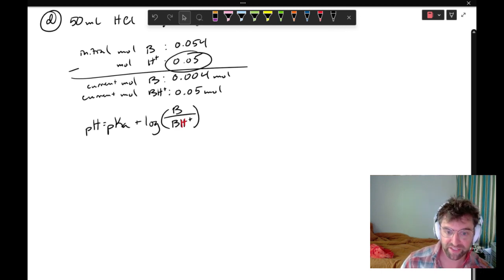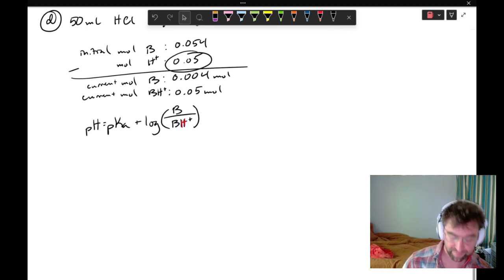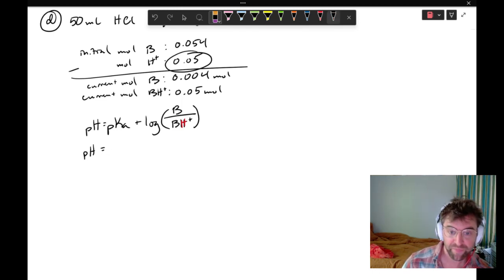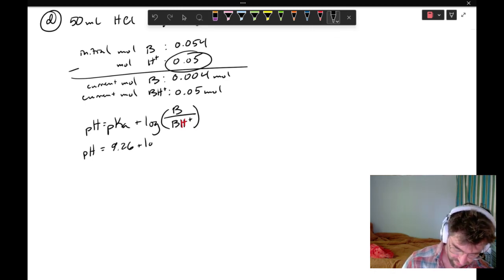We've got our Henderson-Hasselbalch equation. We already figured out our pKa was 9.26. We have our remaining concentration of base and our new concentration of conjugate.